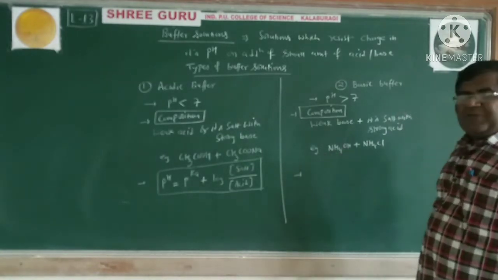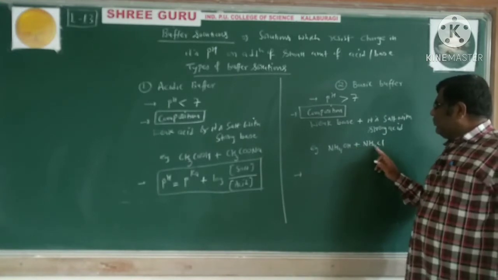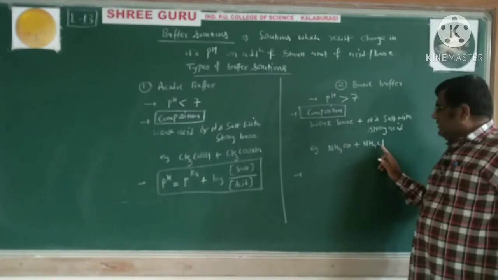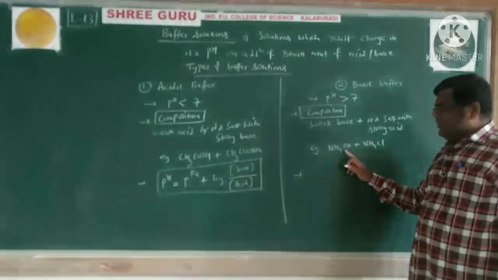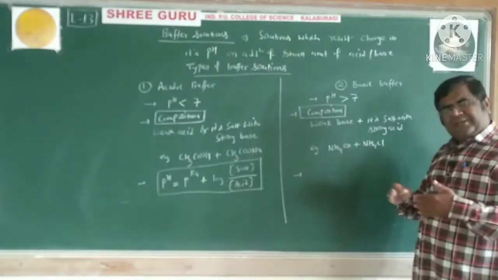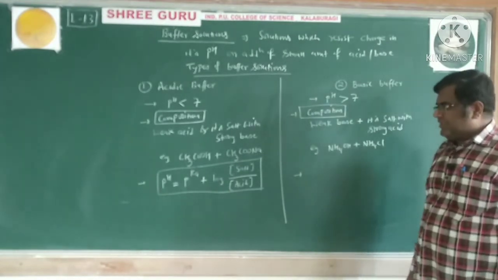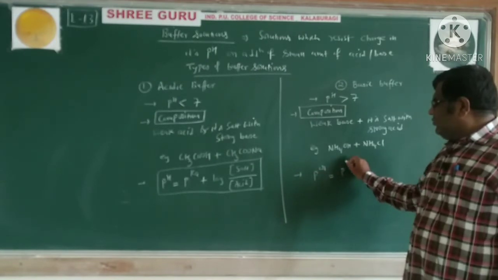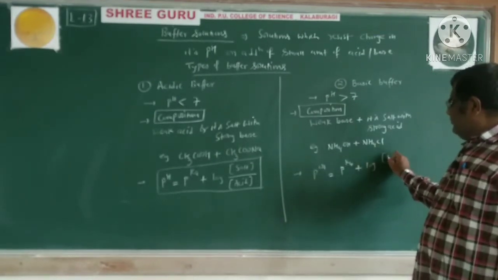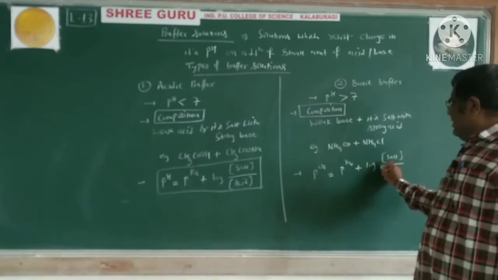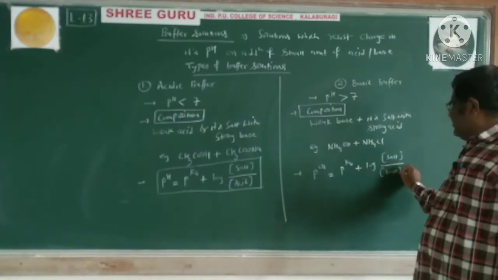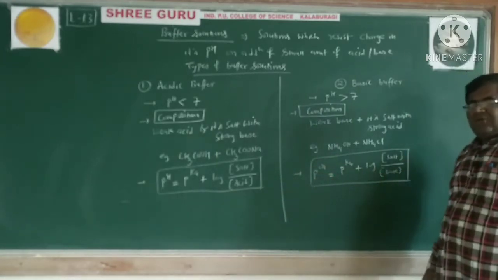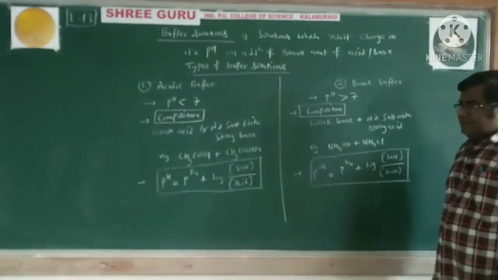Ammonium hydroxide is a weak base. Ammonium chloride is a salt with a strong acid, which is HCl. HCl gives H plus ion, NH4OH gives OH minus ion, and they form NH4Cl salt in the neutralization reaction. How to calculate its pOH? pOH is equal to pKb plus log of molar concentration of salt to molar concentration of base. This is the formula to calculate it.